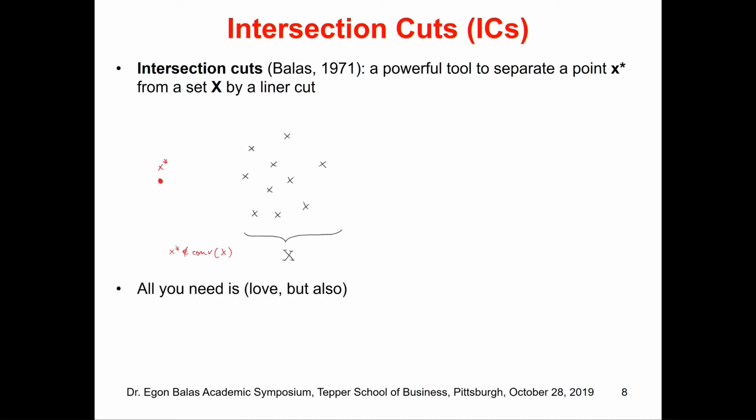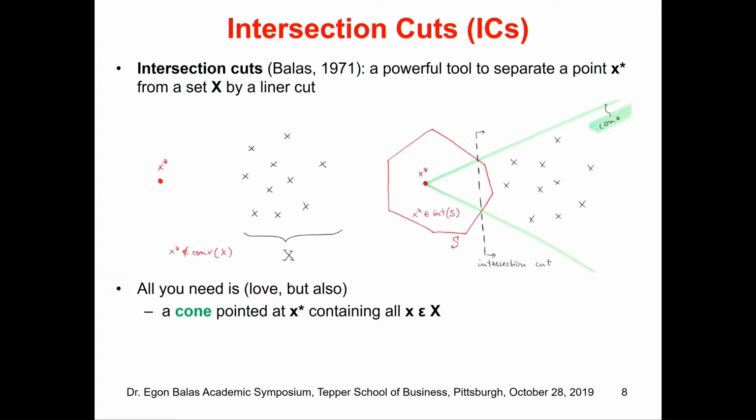Now, in order to cut this point, so to produce an inequality that separates X star from this point, what you need is essentially a cone pointing at X star that contains all the truly feasible solutions, and a convex set, actually polyhedron in our case, with the property that this polyhedron contains X star in the interior and no other feasible point in the interior.